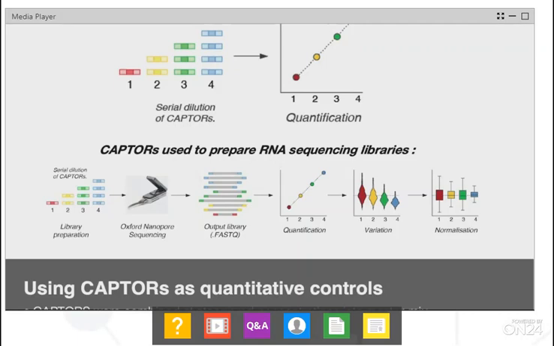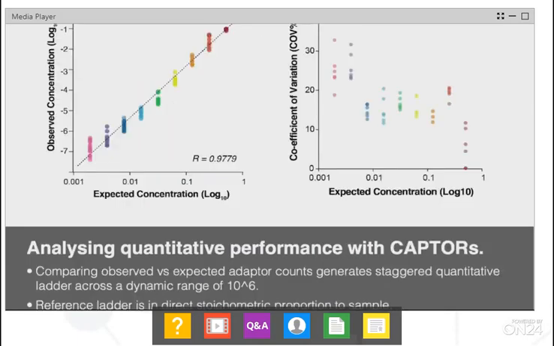In this case, we've used the CAPTORs in an RNA sequencing experiment. We've used the CAPTORs to prepare a library from a reference RNA sample that's then sequenced on the MinION. And as you sequence your library, you can compare the count of CAPTORs with their known concentrations in the master mix.